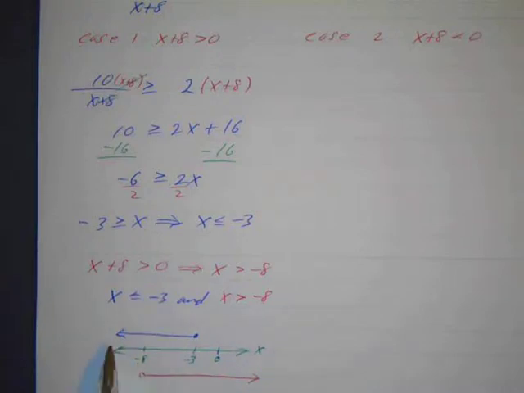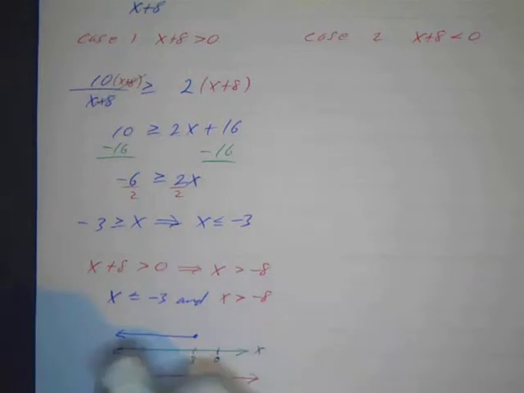So x is greater than negative 8, and x is less than or equal to negative 3. And where do I have both things happening at the same time? I could say it right over here, between a circle and a dot. So in there, that's the part that satisfies that condition.